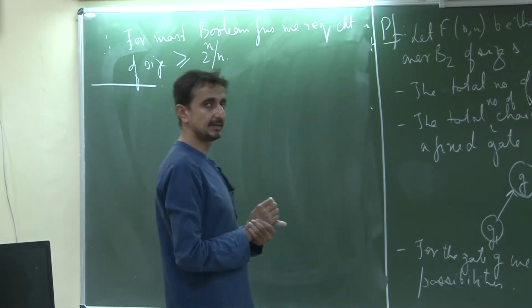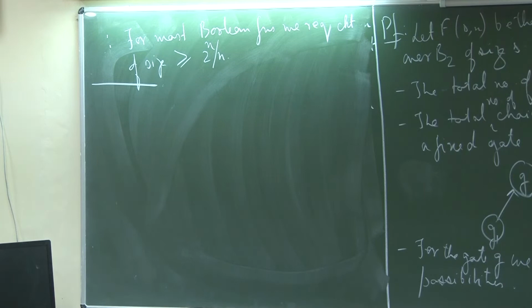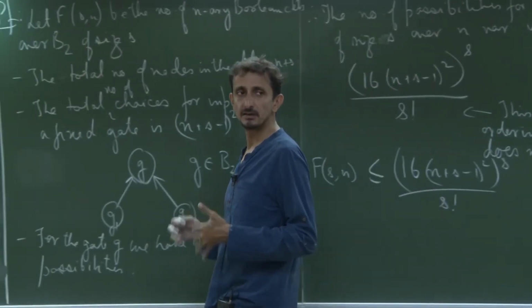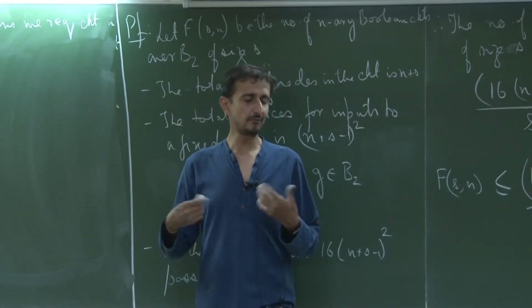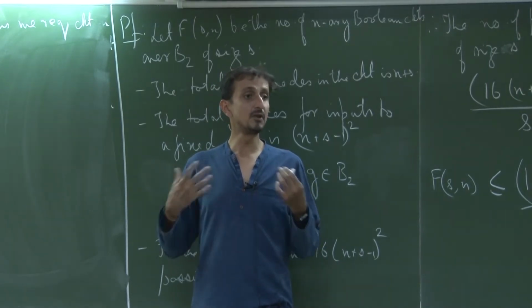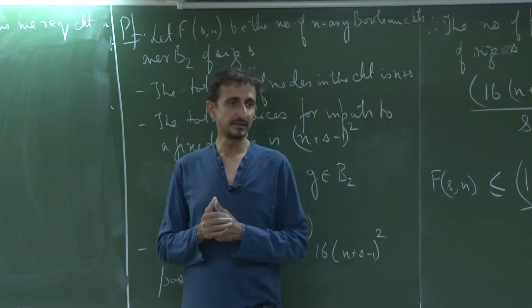So, now as I said, this result was about circuits. We showed a lower bound on the size of most circuits computing a Boolean function. Now, we will try to give a similar lower bound for Boolean formulas as well. So, a lower bound on the size of a formula computing a Boolean function. Okay.